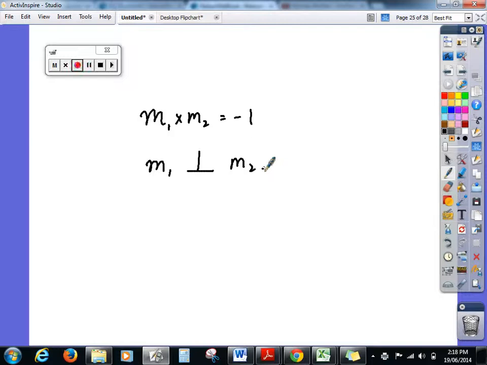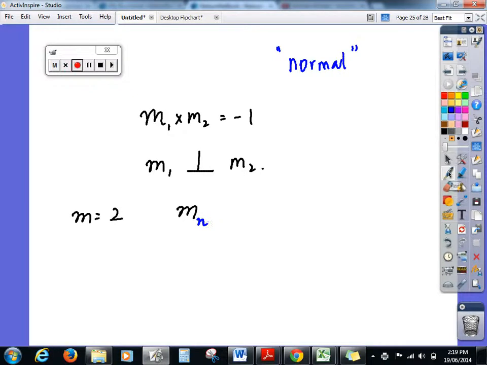So if I have a first gradient here equaling 2, then the gradient of the perpendicular line, which just from terminology, a perpendicular line is called a normal. So a normal line means a line which is perpendicular to the first, and it's often m with an n at the bottom, so that means the gradient of the normal.